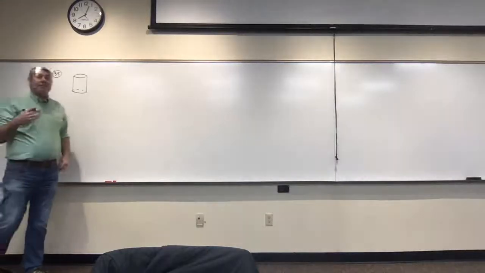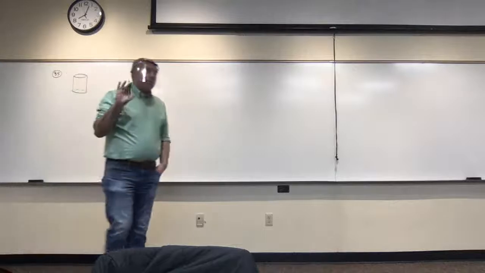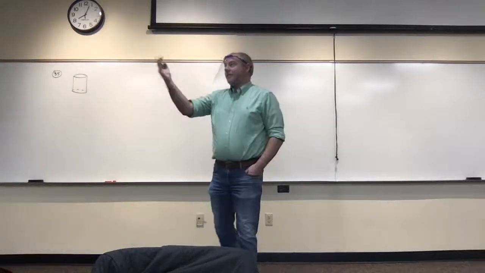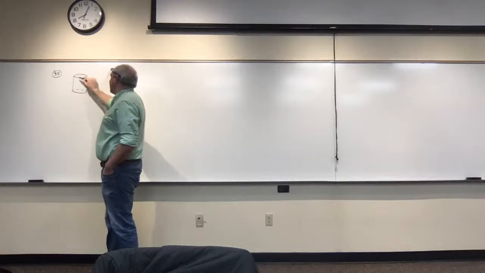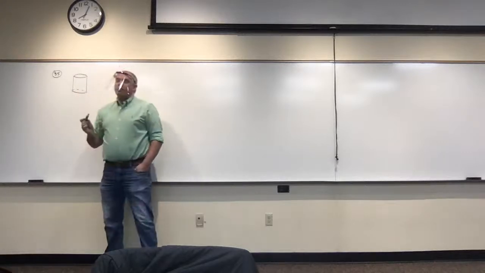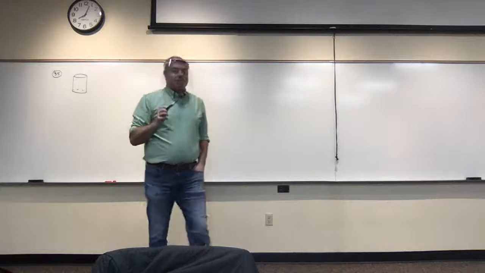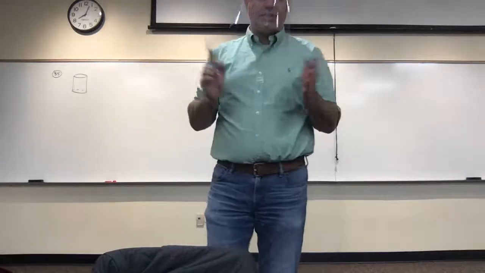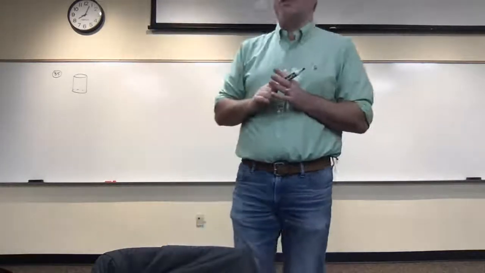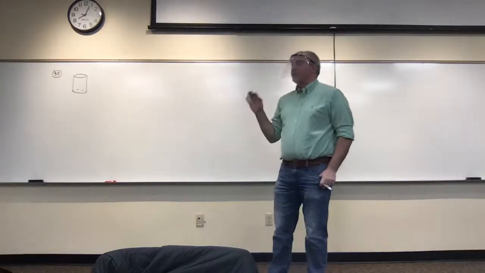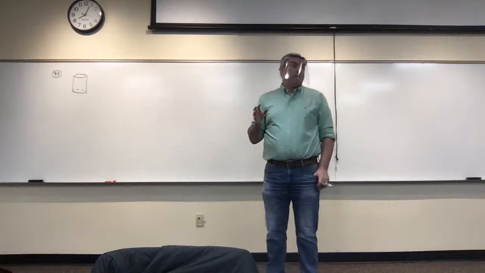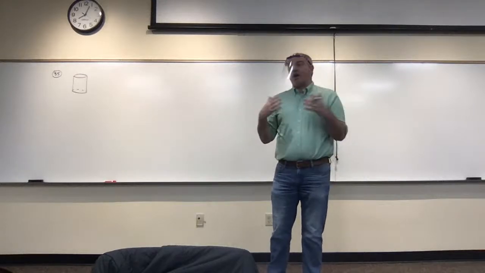That's actually pretty important: we're not just optimizing the area around the can. We also have to have area on the top and bottom of the can. So the first question we should always ask ourselves is, what is it in this problem that we're trying to make big or small? What is it that we're trying to find the maximum or minimum of?